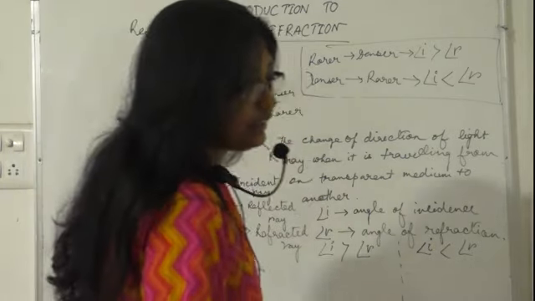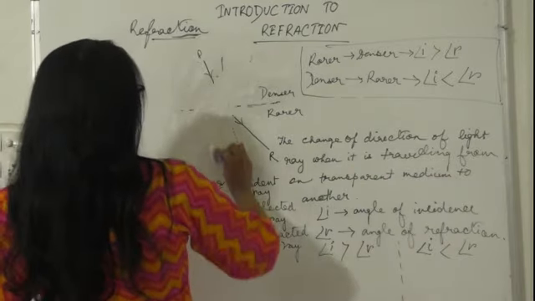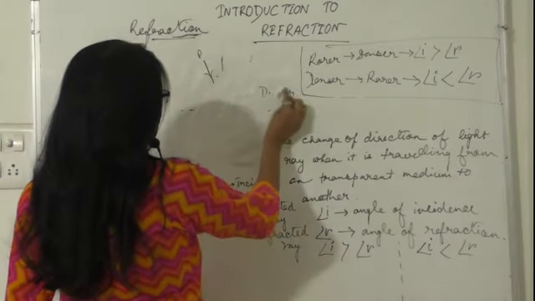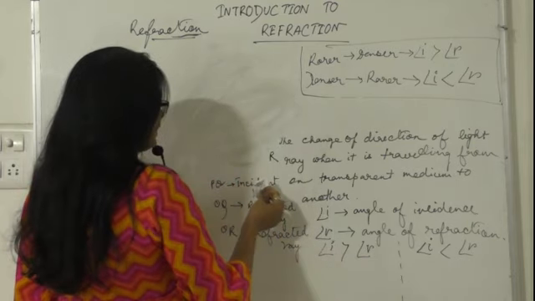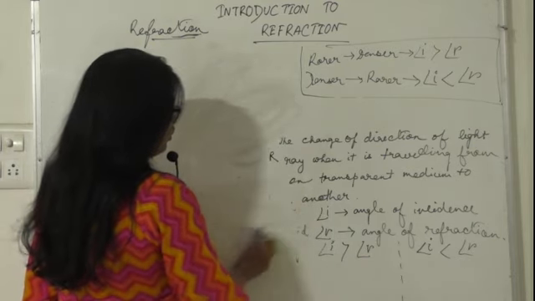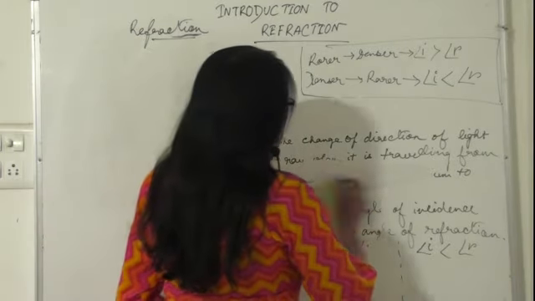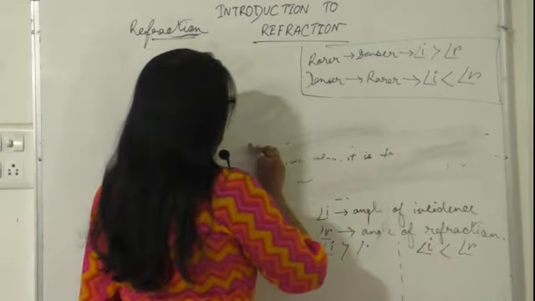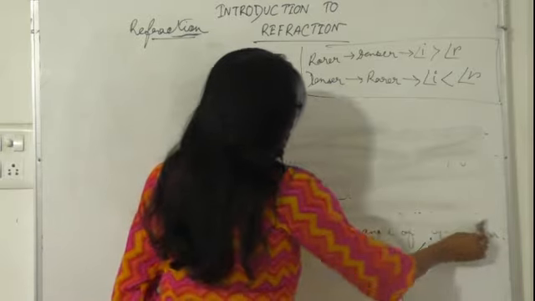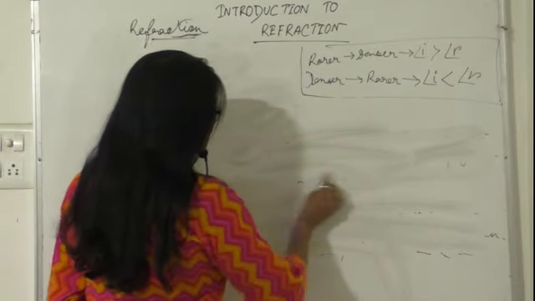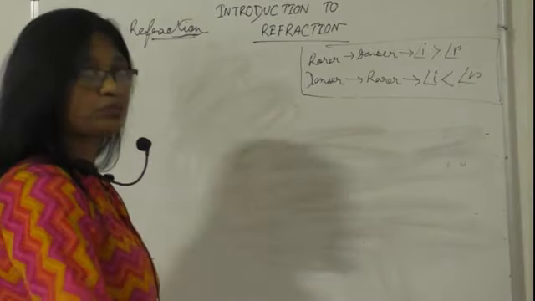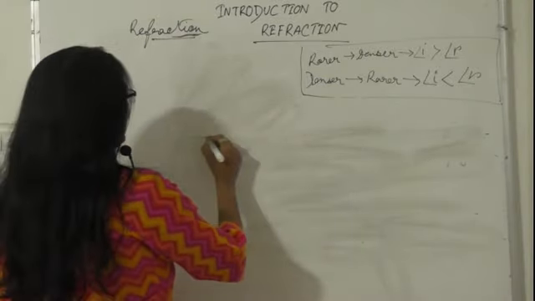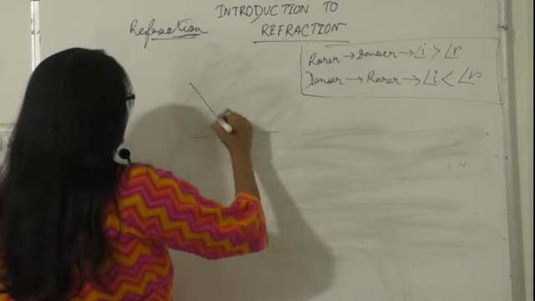Now, there is one third case also. What is that third case? Now, you can see in both these cases that the light ray is falling obliquely.